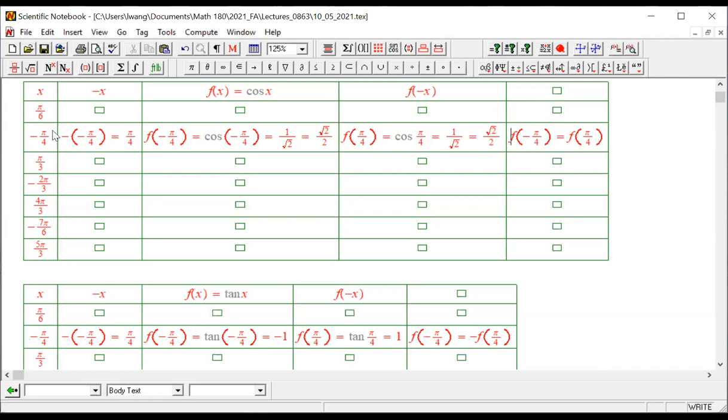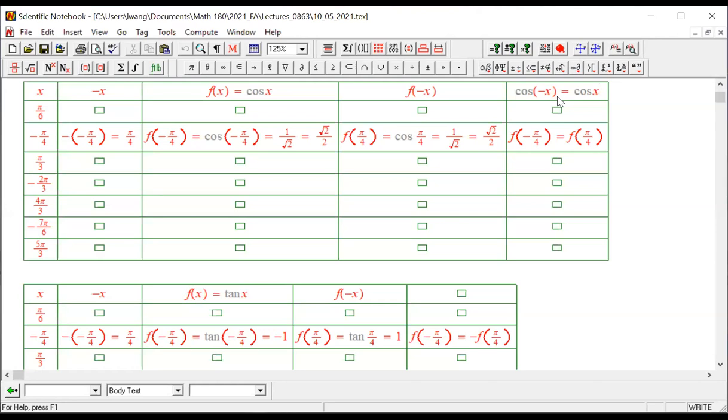And that's going to be true for any input, so it doesn't have to be pi over 6. It applies to all of these. The final form is cosine of negative x equals cosine of x.